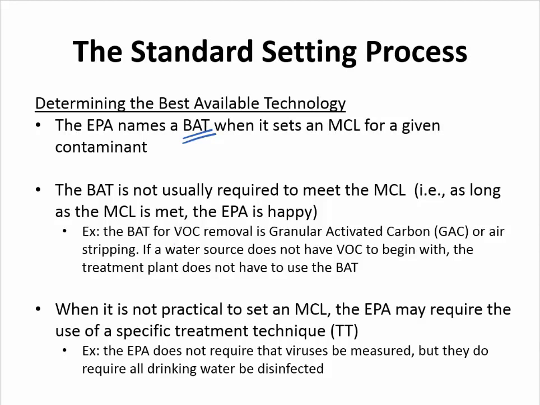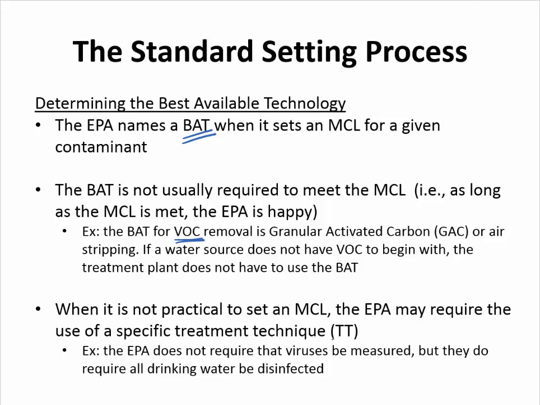The BAT to remove volatile organic carbon, or VOCs, is granular activated carbon, GAC, or air stripping. If a water source does not have VOCs to begin with, the treatment plant is not required to utilize the BAT.